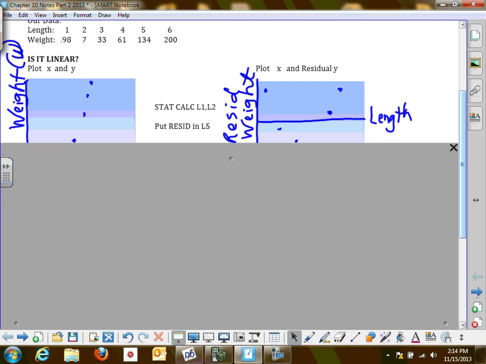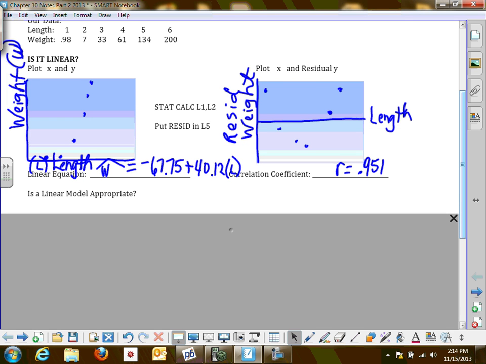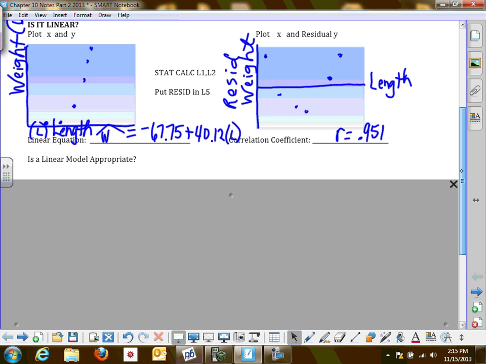So you would go through here, and we got this for our linear. You're doing your labels, length and weight, length and residual weight. Here's your equation. So based on this information, is a linear model appropriate? It is not.